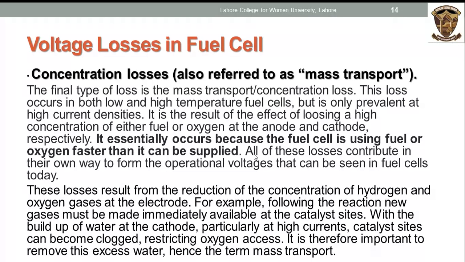It is therefore important to remove this excess water, hence the term mass transport. So there is a need to remove that excess water from the fuel cell so that the fuel cell can work properly.